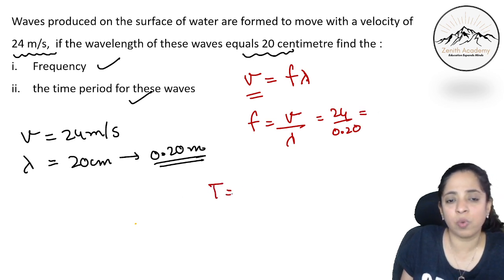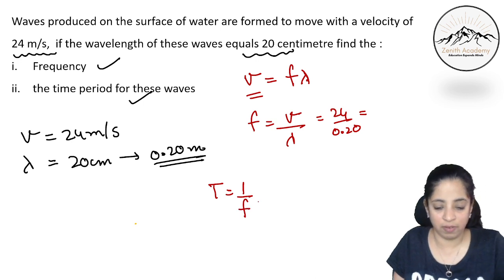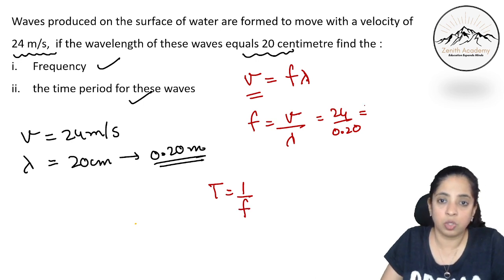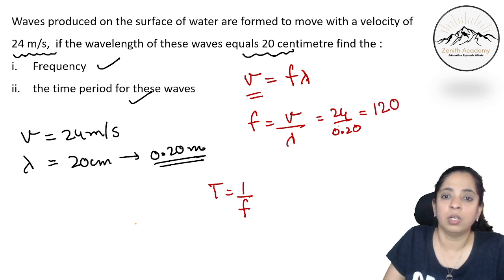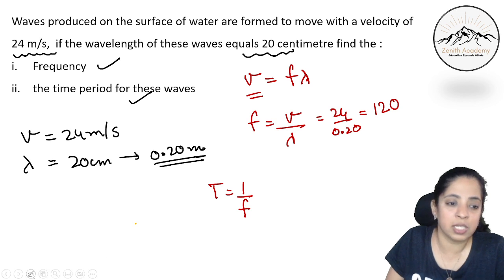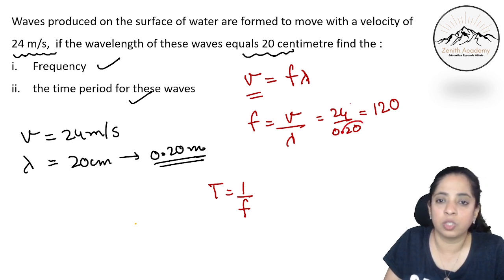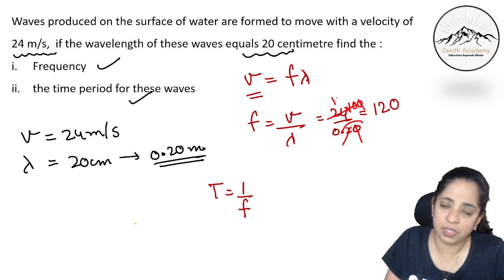And time period is 1 by frequency. Chalo, I will tell you the answer also. So 24 upon 0.20 will give you 120. How? See, if you remove the decimal, you multiply by 100, so you put 100 here. So 10 and 10 get cancelled. Then 2 ones are 2, 2 12s are 24 and 10 was 0.